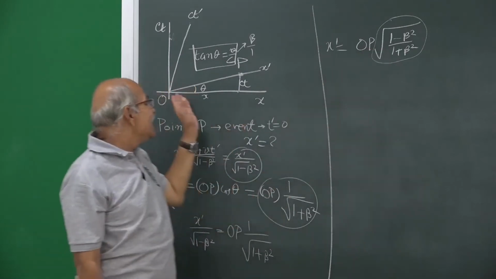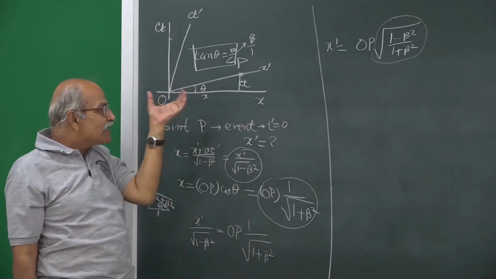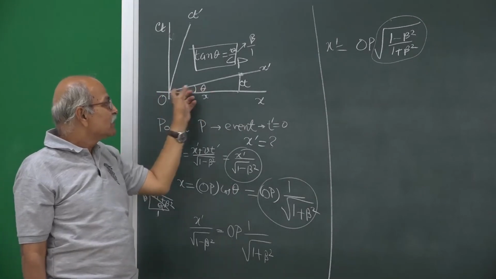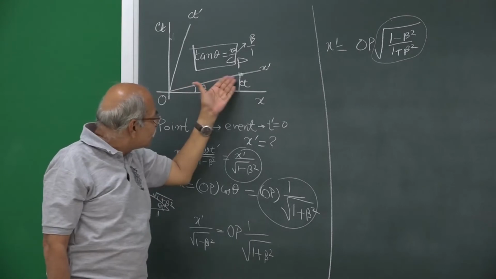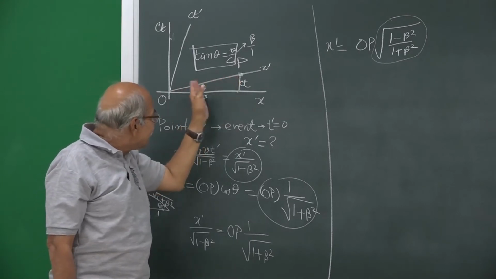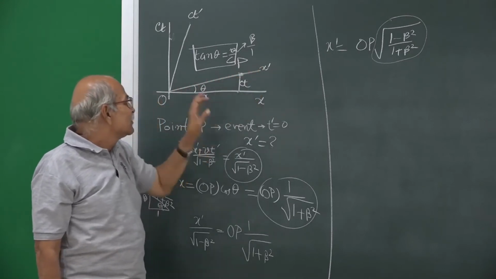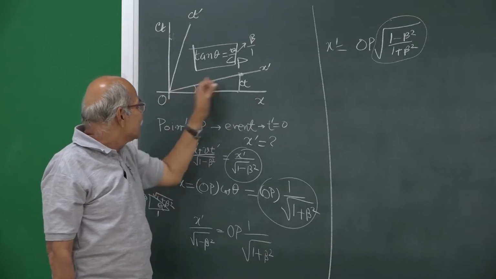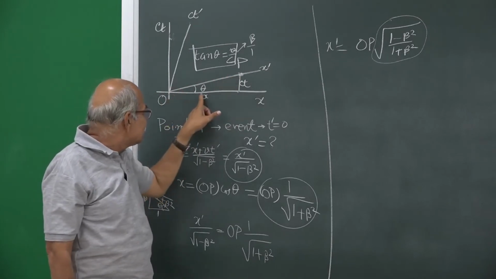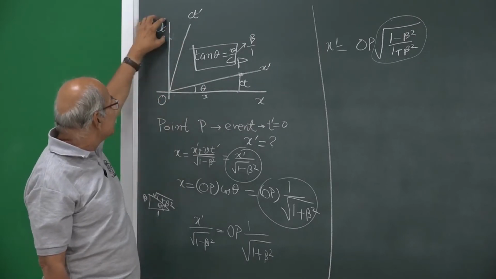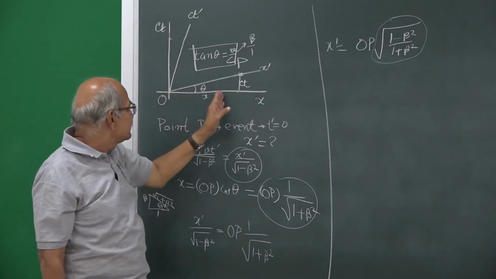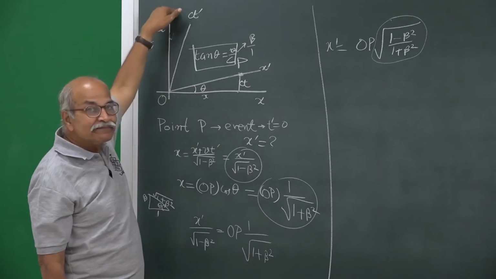So, the scale, if you want the actual x prime coordinate, this is not the x prime axis, this is the x prime line. So, you go on this line, fine, but the scale on this line is different. Whatever is the length here, that is measured on the same scale. These are the same, this length scale is the same.